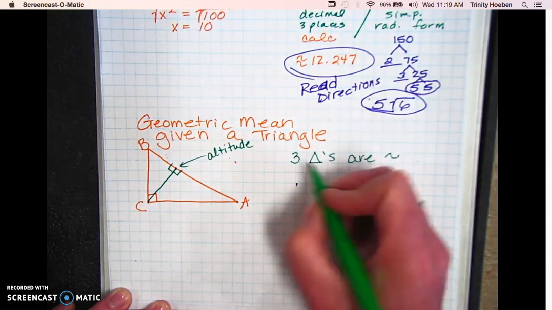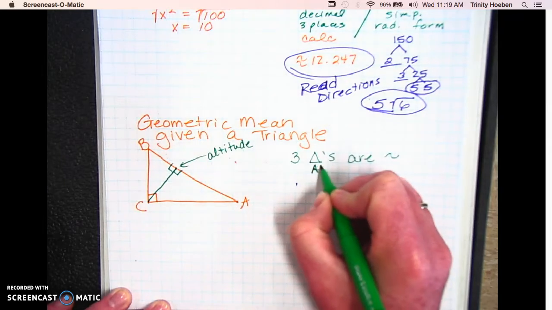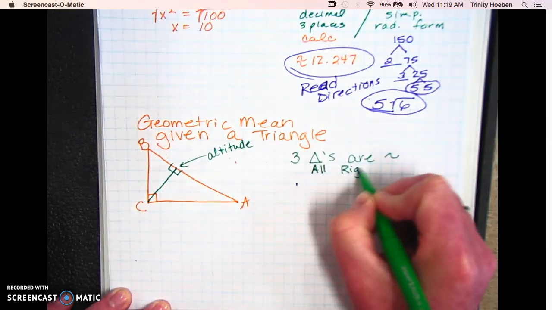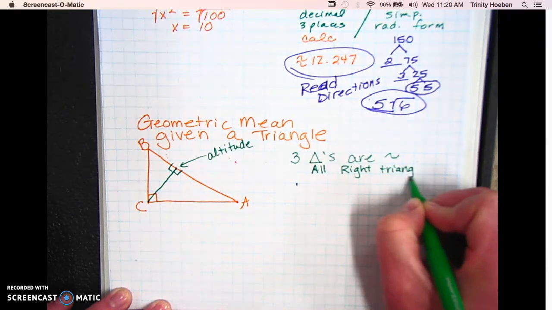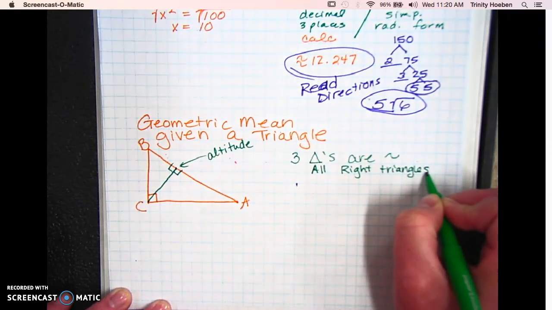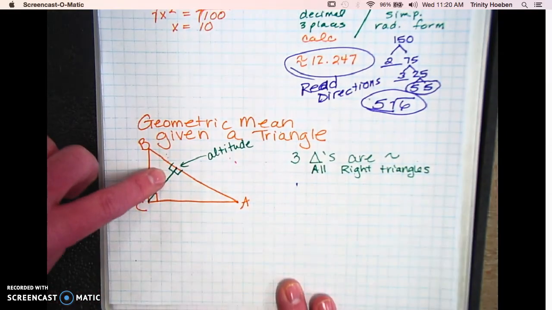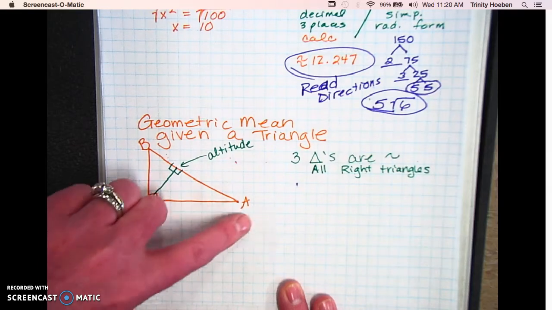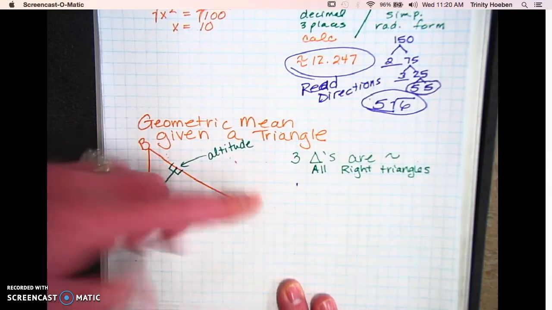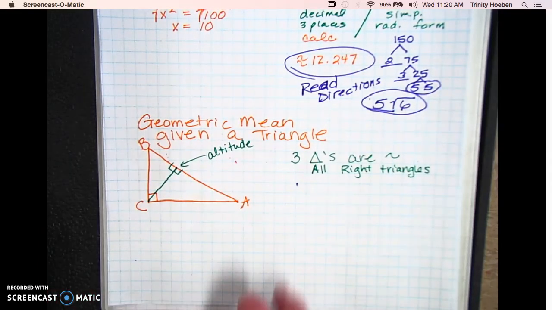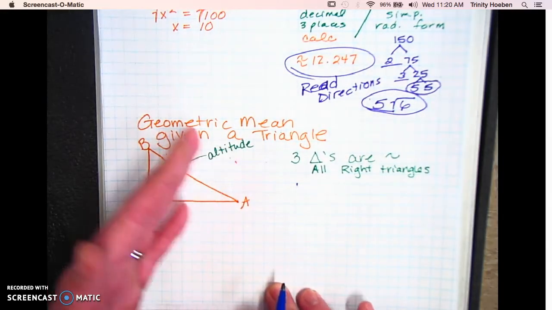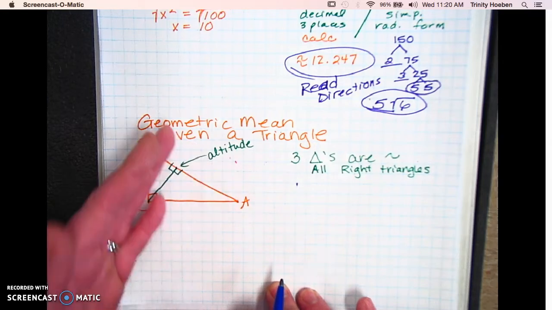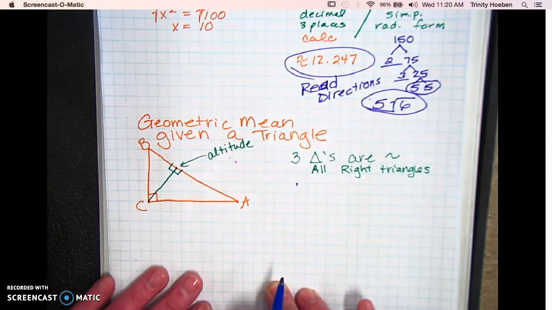They're all right triangles, just turned and different sizes. This one over here is the smallest. This one's kind of medium. And then the whole thing is obviously the biggest. So within this one big triangle, once we draw in the altitude, we get 2 more similar triangles. So we end up having 3 similar triangles.